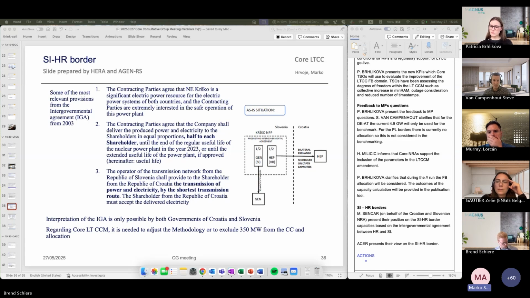And the problem is that this right is specified in the third paragraph here. The problem is that this transmission right is given and bound to one specific border, the Croatian-Slovenian border. Next slide, please.